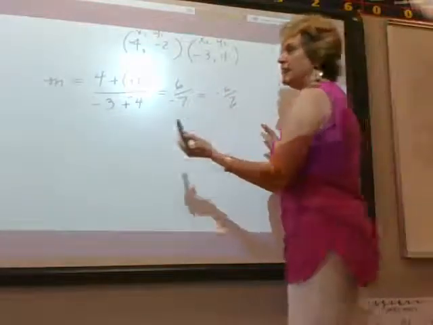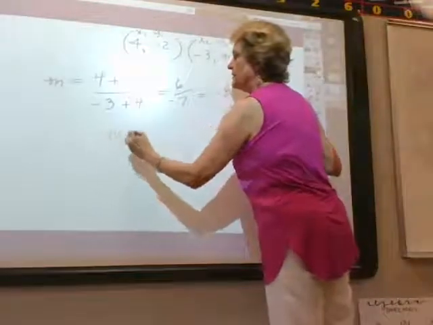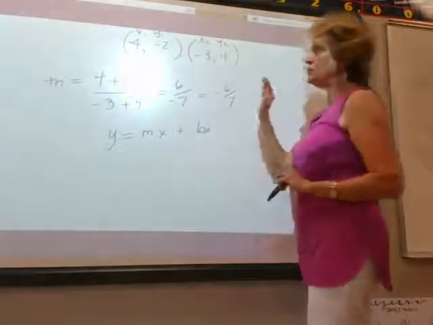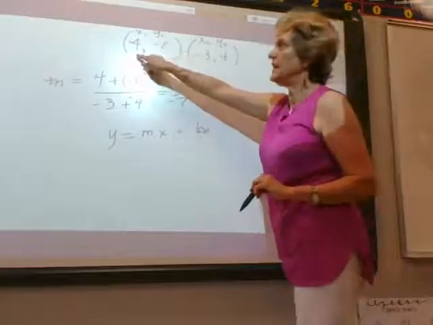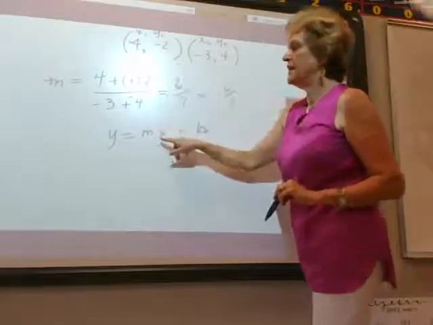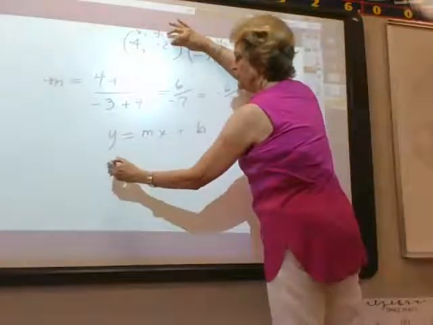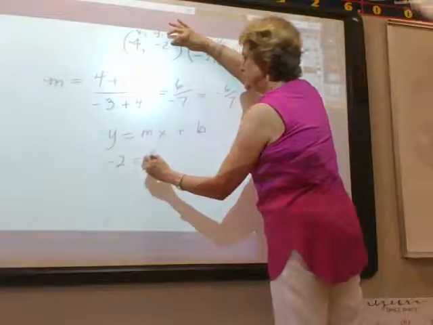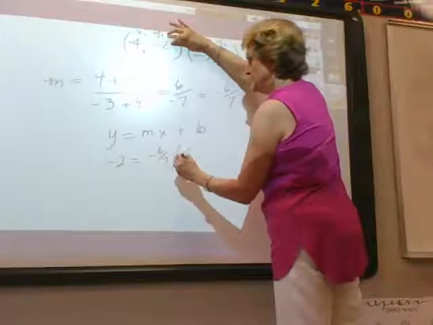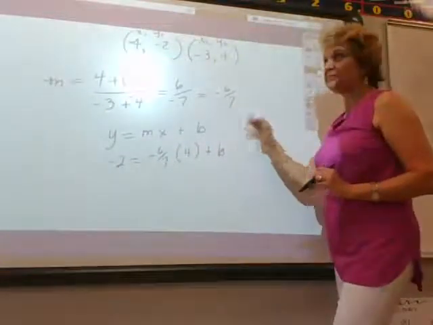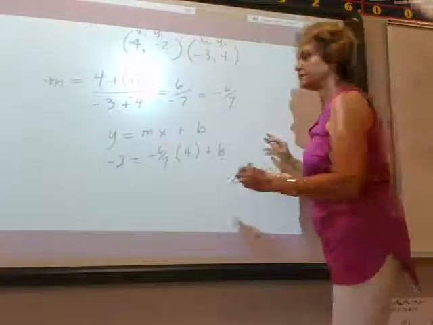All right, so now into y equals mx plus b, I will choose one of the points to plug in the x and y and the slope I found. All right, so I'll pick this point. Negative 2 equals the slope I found times the x, and I'm looking for the b under these conditions.